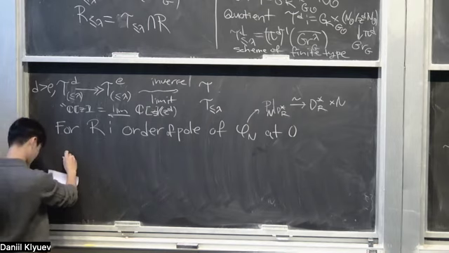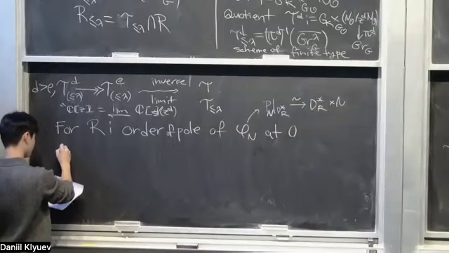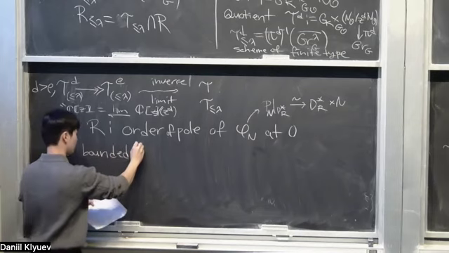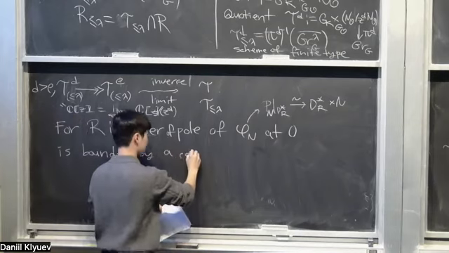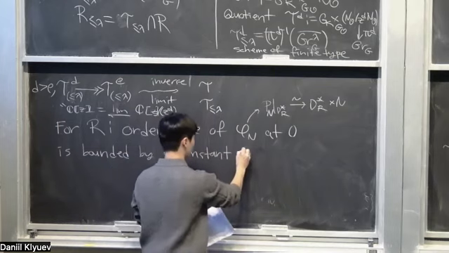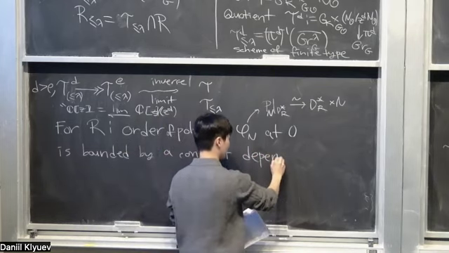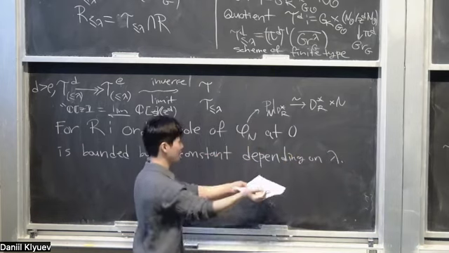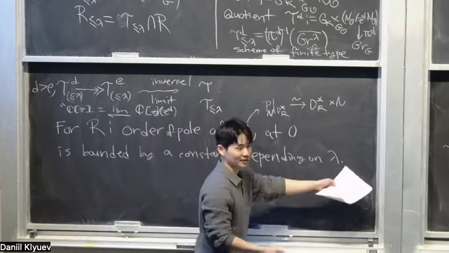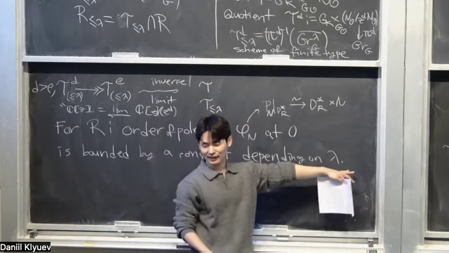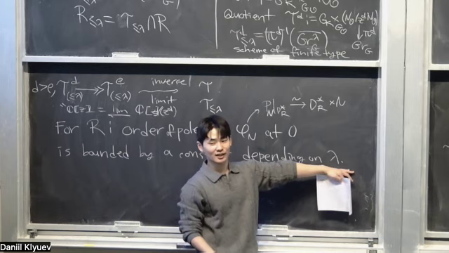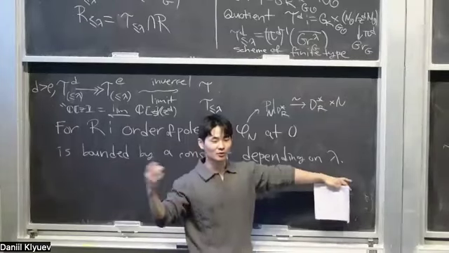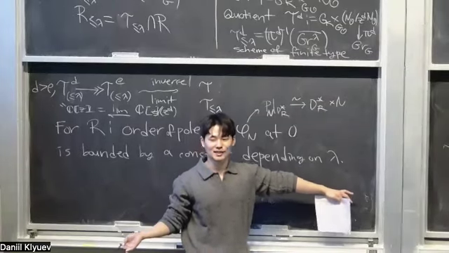Let me know if anything's not clear. This is bounded by a constant depending on lambda. From some perspective it's kind of clear. Remember the moduli description of affine Grassmannians: we have these G-torsors over a disk and a trivialization over a punctured disk.